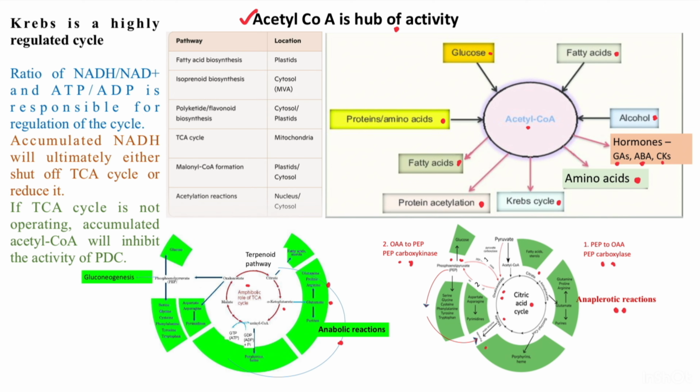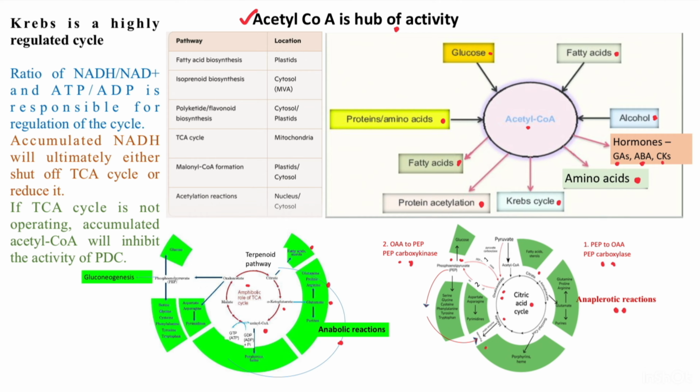However, if citric acid is used to build up fatty acids, we are talking about some build-up reactions, and therefore the process becomes anabolic. Similarly, breakdown of alpha ketoglutarate to succinyl coenzyme A is catabolic, which occurs in Krebs cycle.